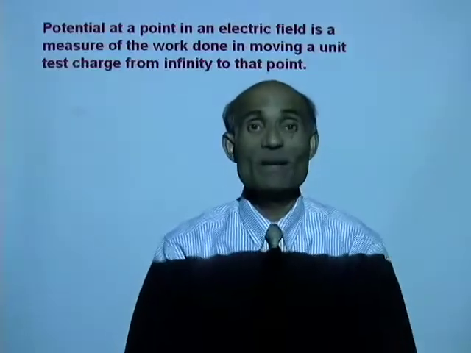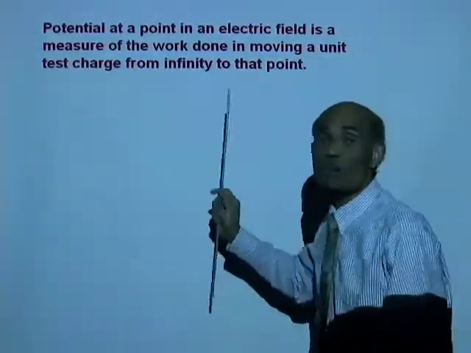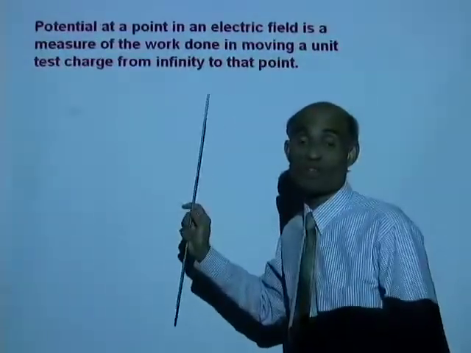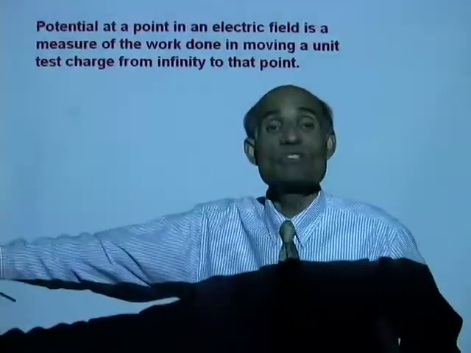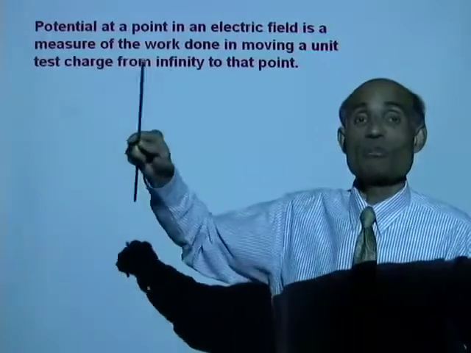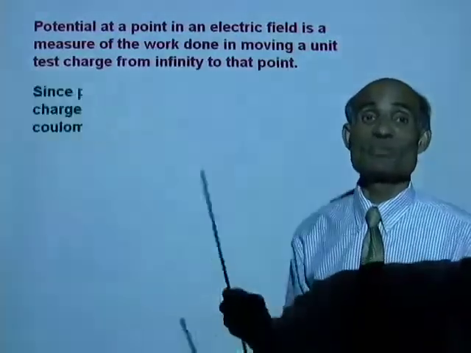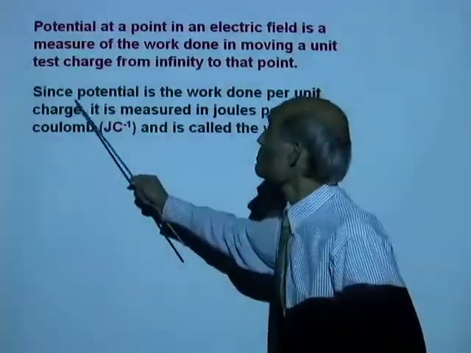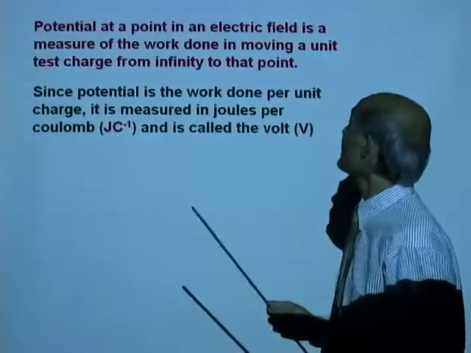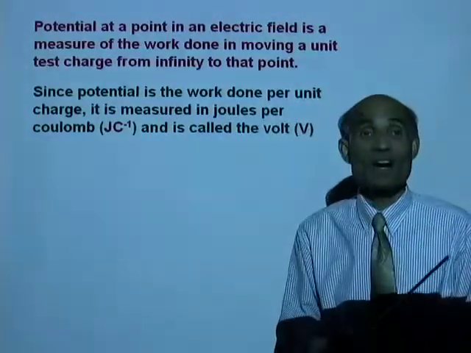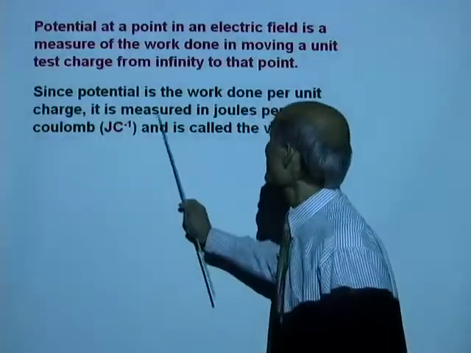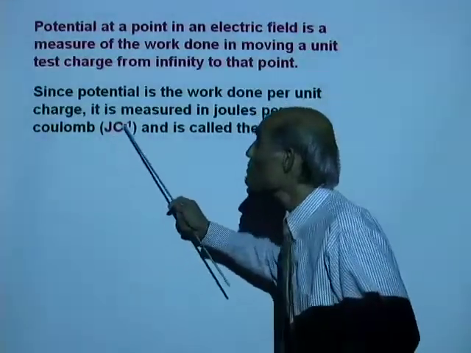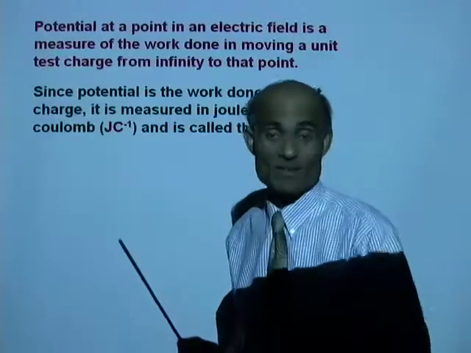In a similar way, the electric potential at a point is a measure of the work done in moving a unit test charge from infinity to that point. Since potential is the work done per unit charge, what is the unit for measuring potential? It is measured in joules per coulomb.